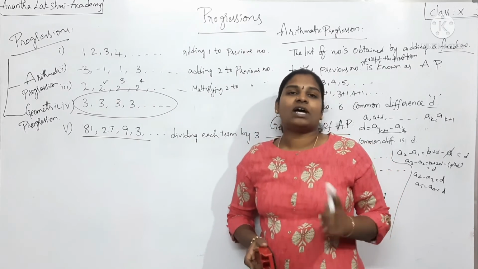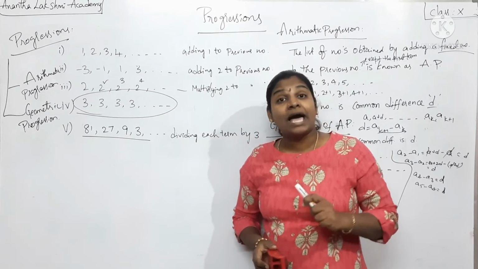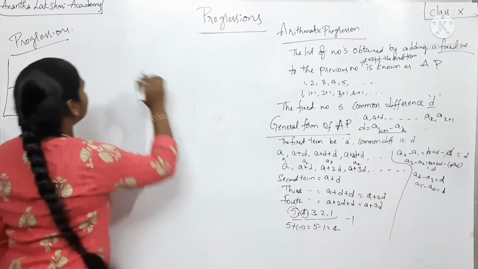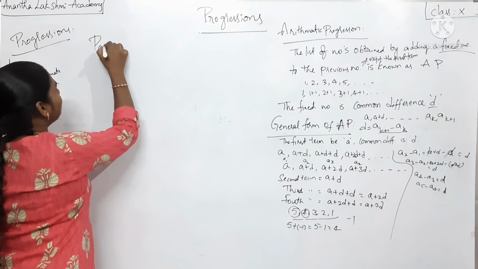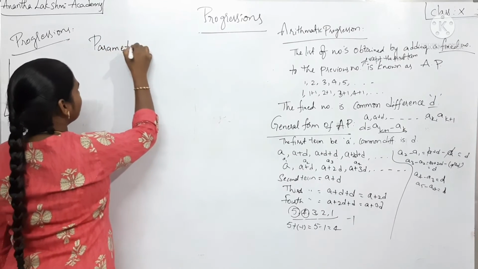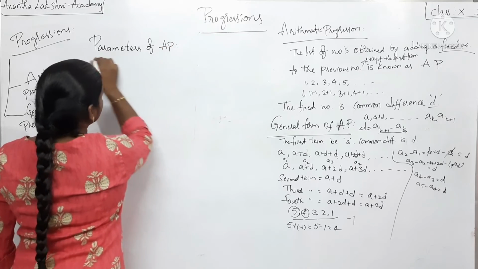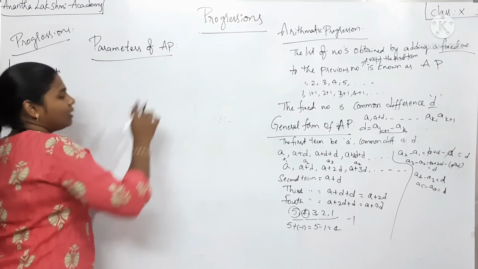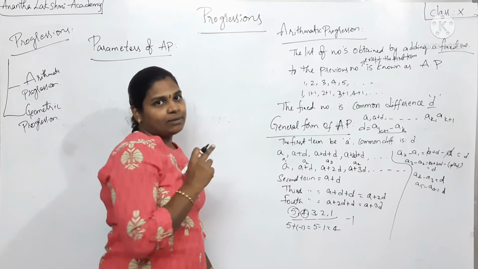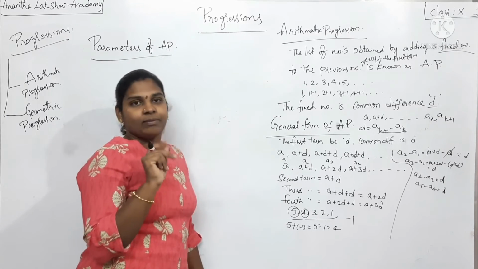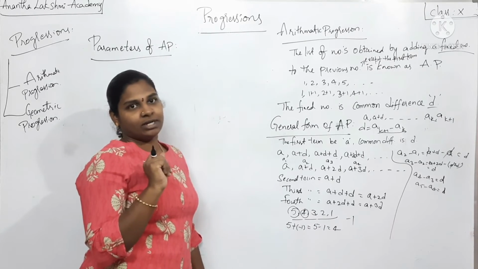We are left with one more topic, which is nothing but the parameters of arithmetic progression. Even before understanding these parameters, we need to understand the definition of two things: finite arithmetic progression and infinite arithmetic progression.